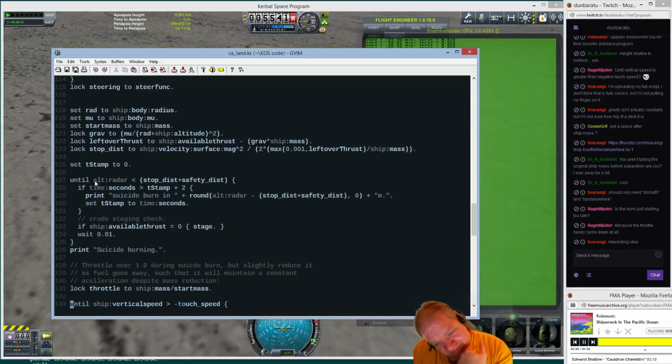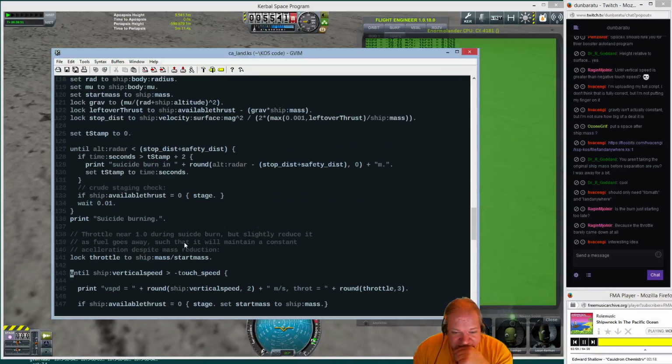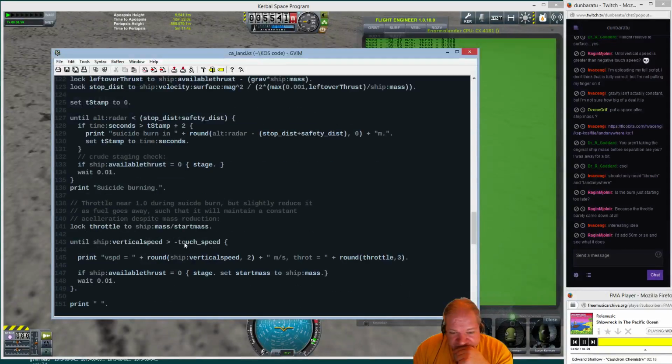Could it just be that because of the amount of math it has to do, by the time it detects the situation, it already is a step too late? That could be the case. It's just because this takes a little bit of time to calculate, it's already a step past where it needs to be when it begins.